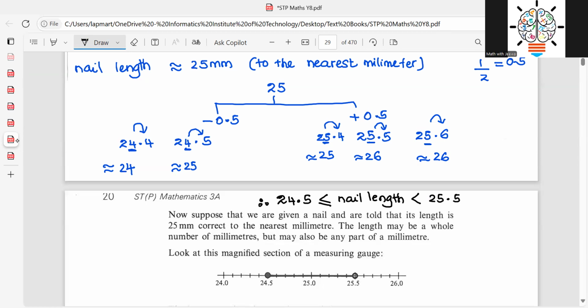It is not equal to 25.5 because if it is equal to 25.5, that becomes 26. To have the nail length 25, it should be something less than 25.5. And on the other side, it should be 24.5 or more than 24.5. That is how you want to get the answer. I know sometimes that when you go through this at once, you don't get this. Don't worry.